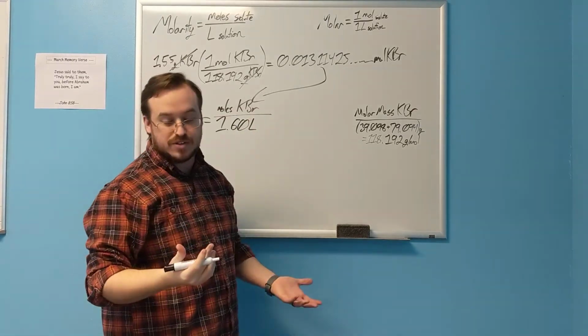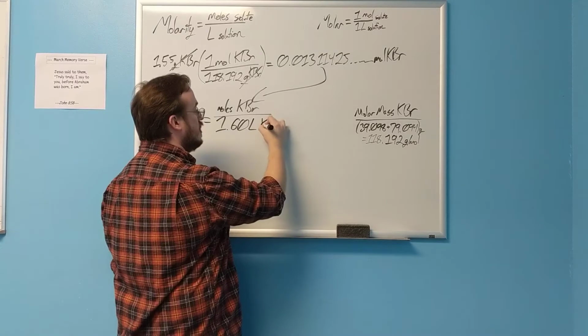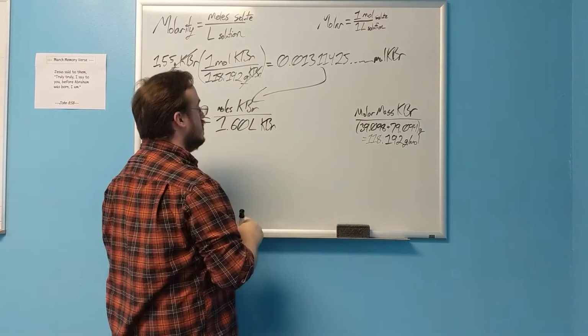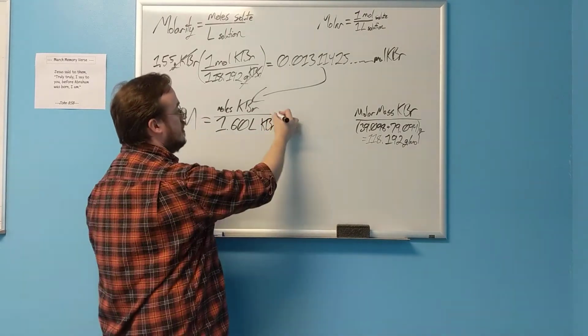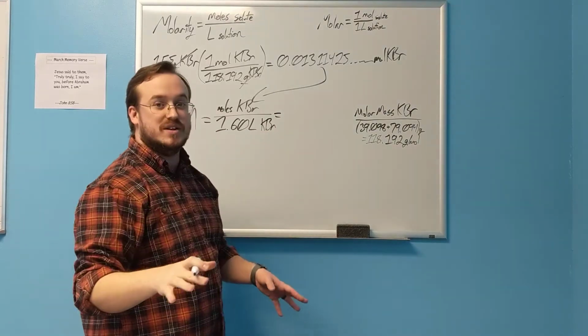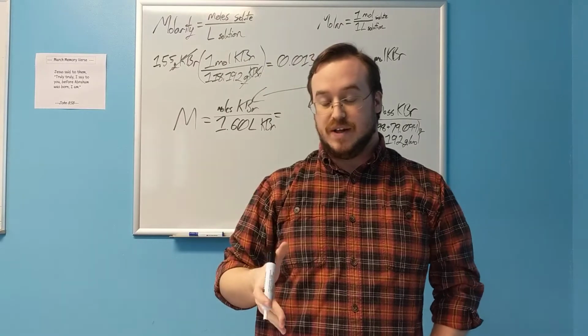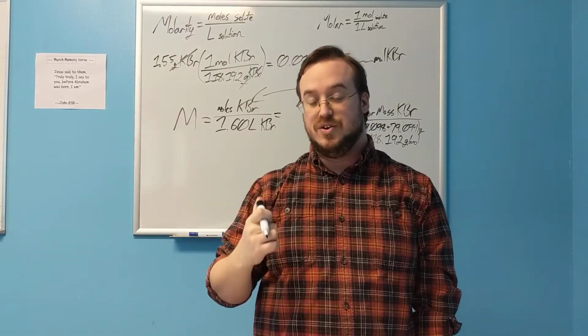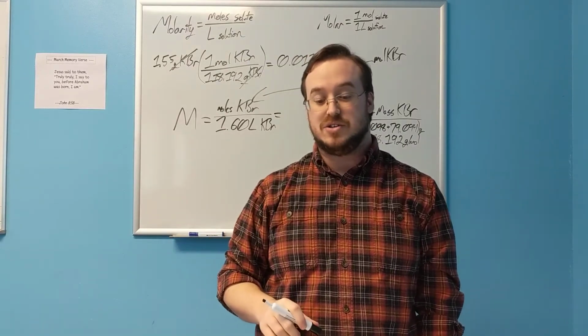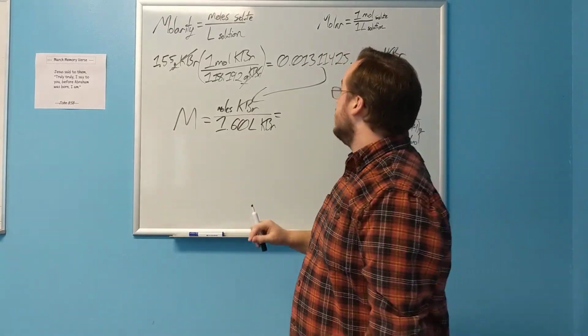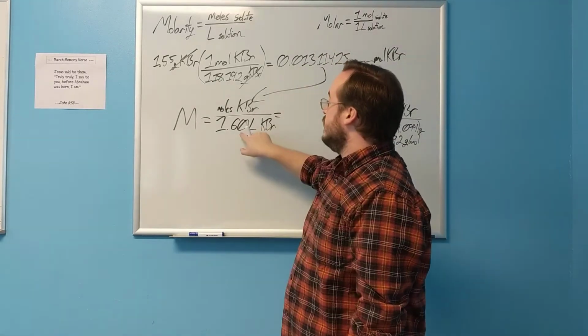It's probably a solution of KBr in water. So hit pause on the video, try this out for yourself, and then try to write this number in significant figures as well. You're probably going to have to use scientific notation because it is a small number. Because this number is small, and it's being divided by a big number.